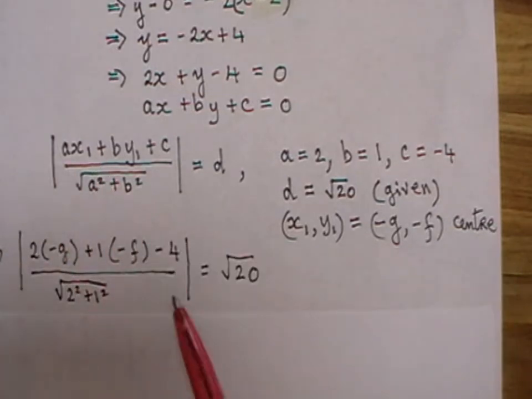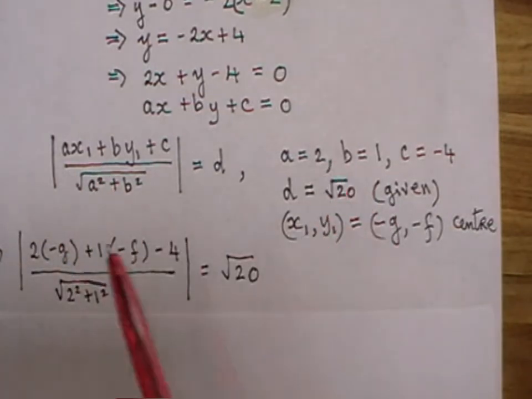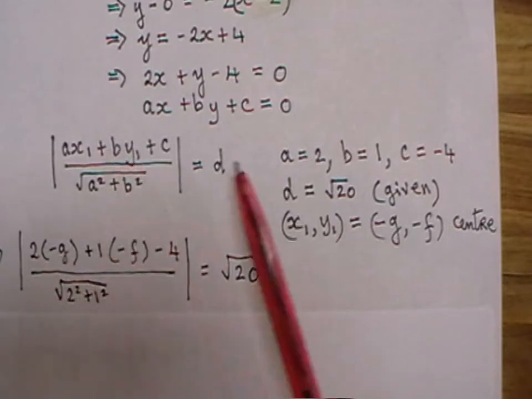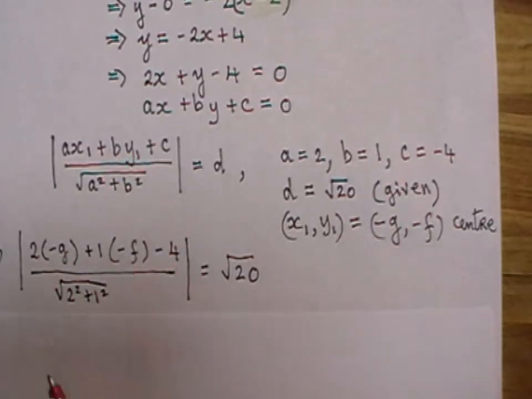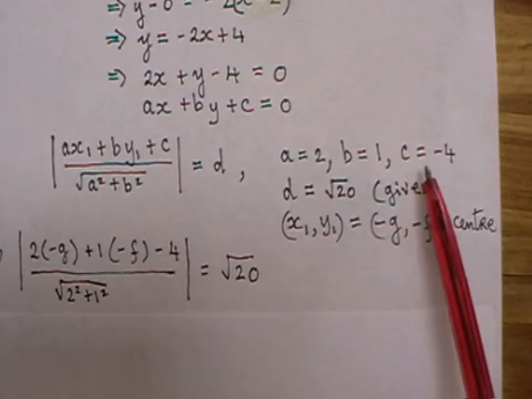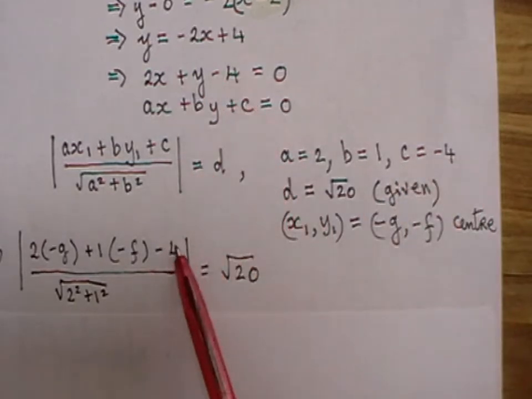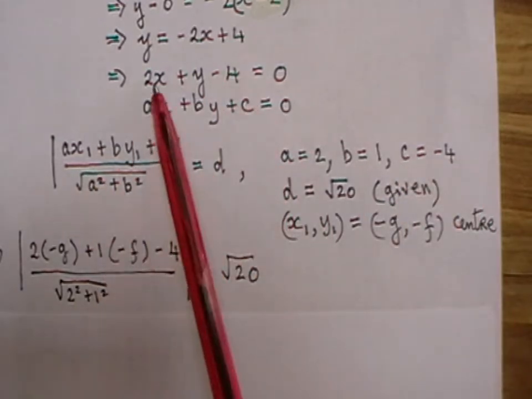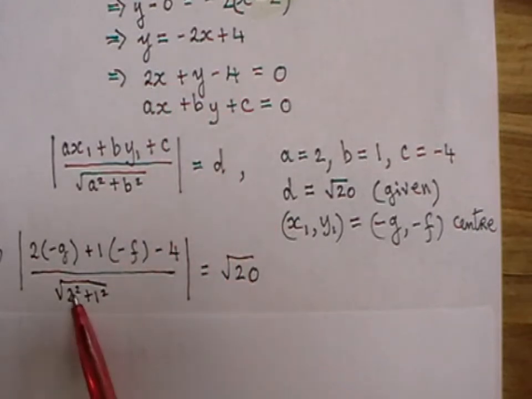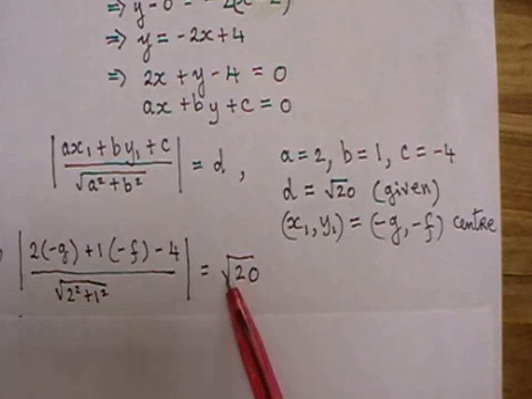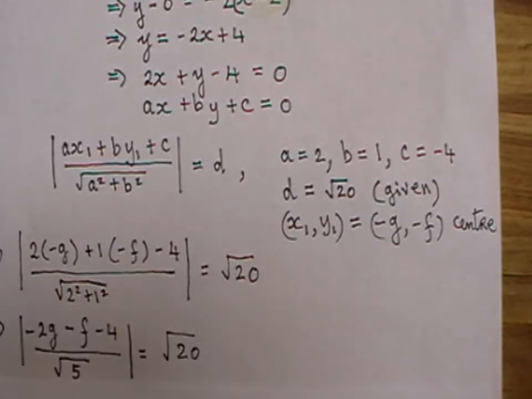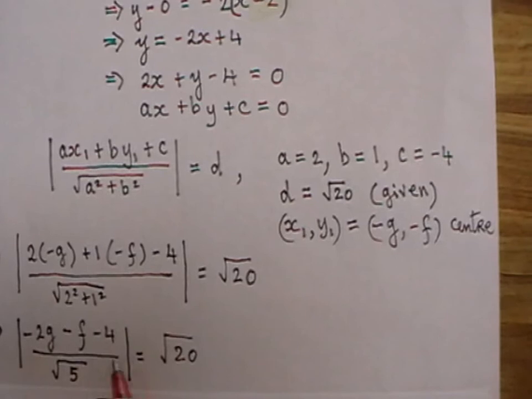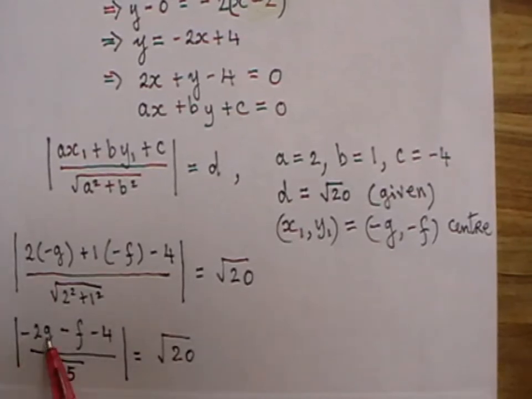So ax1 will be 2 times -g, plus by1 will be 1 times -f, plus c, and c this time refers to the line, so it's -4, over the square root of a squared plus b squared, which is 2 squared plus 1 squared, or the square root of 5, equals the square root of 20. Simplifying here, don't forget the absolute value signs, they're very important.